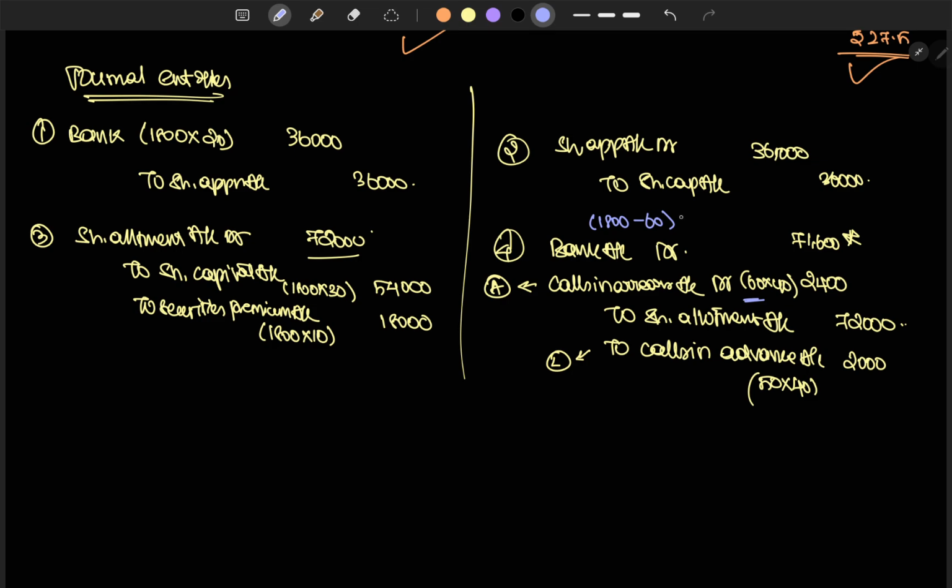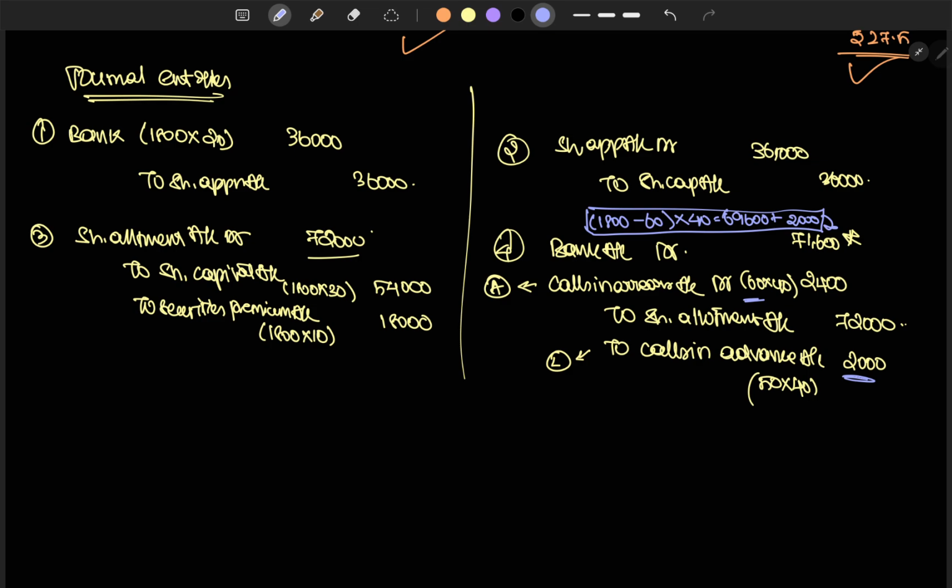So only 1740 shares paid, into the allotment money, which is 40, gives 69,600, plus advance money 2000 gives this value.